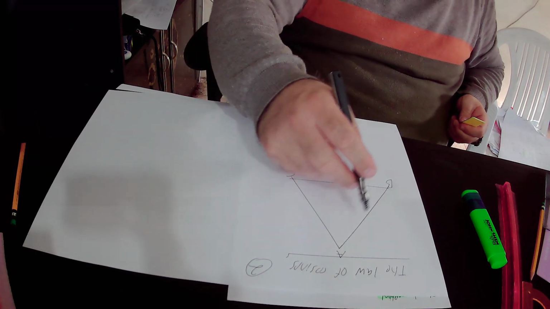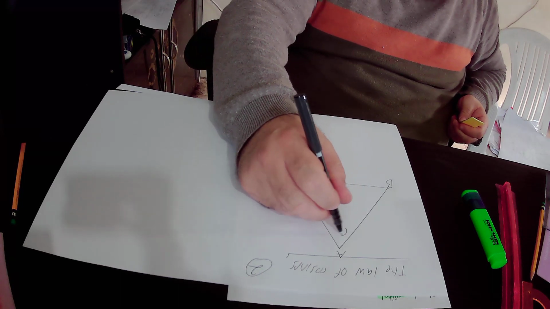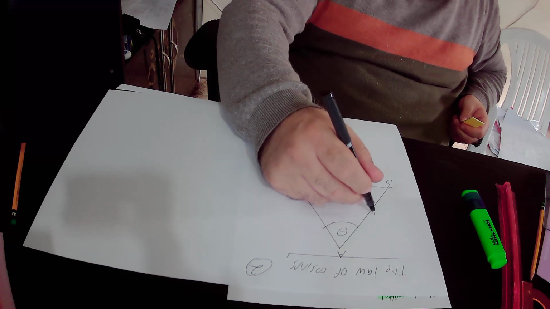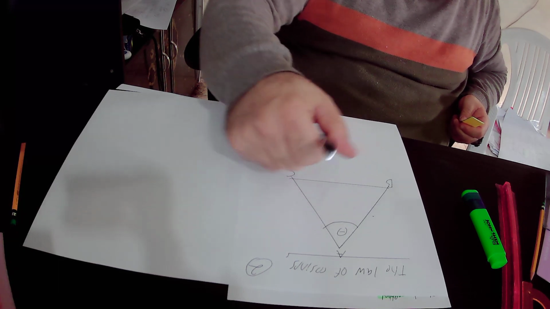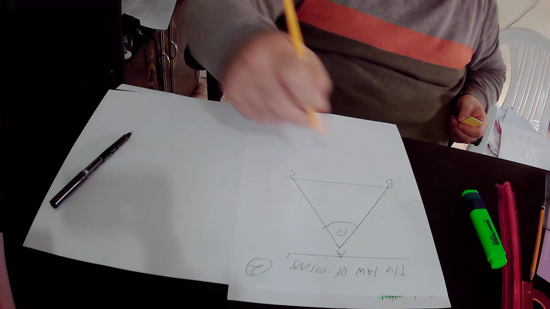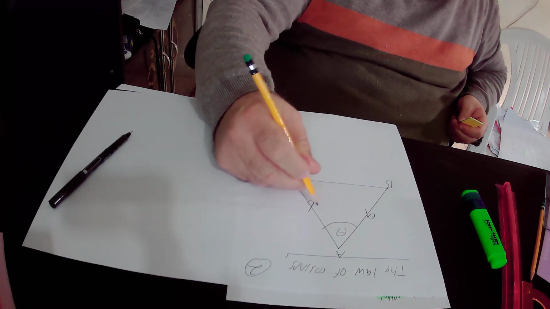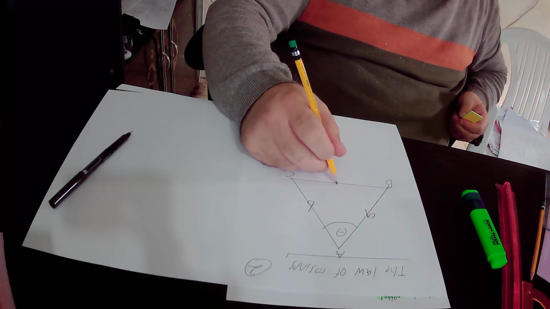The angle between side AB and side AC is theta. The length of side AB is equal to A units, side AC equals B units in its length, and side BC equals C units in its length.